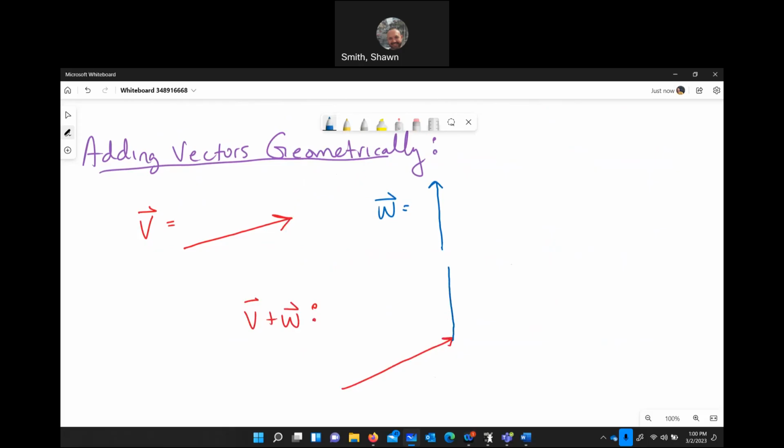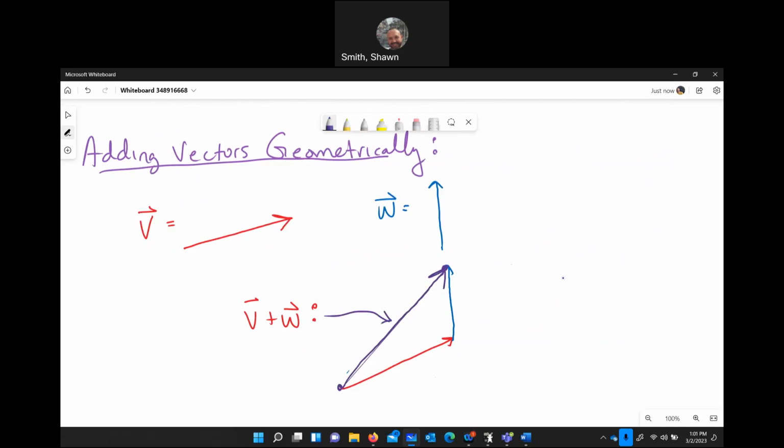We don't change direction. We don't change length or anything like that. And now the sum of these is from beginning to end. Blue and red make purple, right? There we go. So this is V plus W, beginning to end.